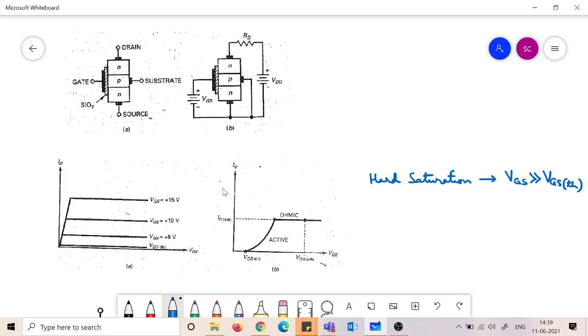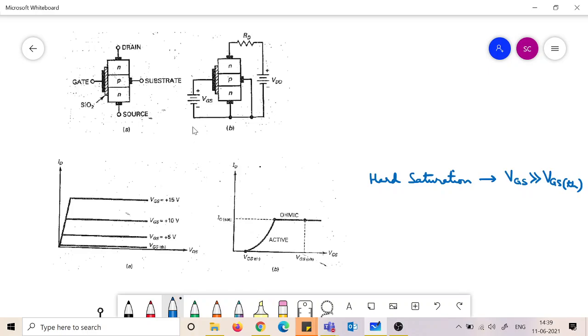Yes, this is all that is there. Now, the concept of hard saturation. E-MOSFETs are almost entirely used in digital electronic circuits as digital switches. So digital switches means either it is having a high VGS or it is having VGS equals to 0.